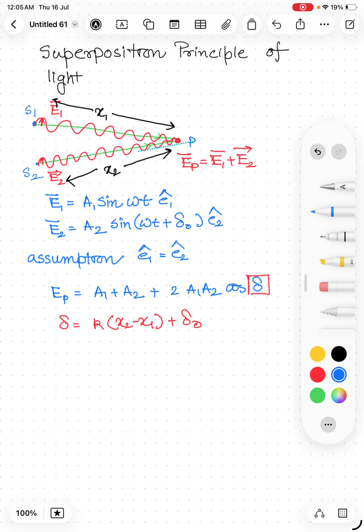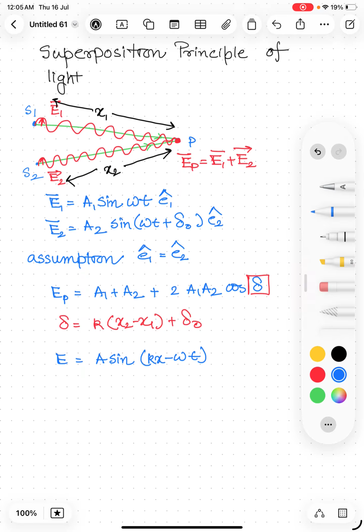There are various interesting things here. One is that we haven't given the vector sign. Two is the assumption that E1 hat equals E2 hat. Third, usually the electric field, because it's a wave, should have the form A sine kx minus omega t.